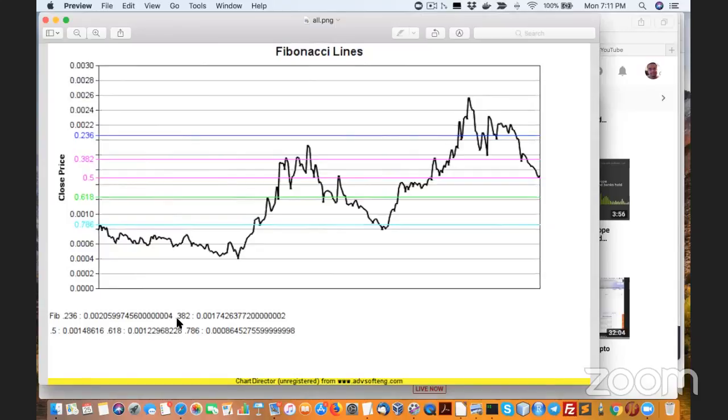So these are the prices, and whereabouts these Fibonacci levels are on the y-axis, which is obviously the close price. So for instance, we have 0.382, and that price will be set right here. So that would be like 0.01174 right here. So that's what these data points mean.